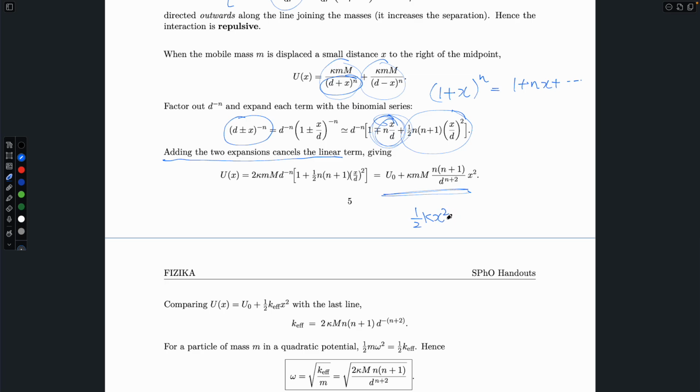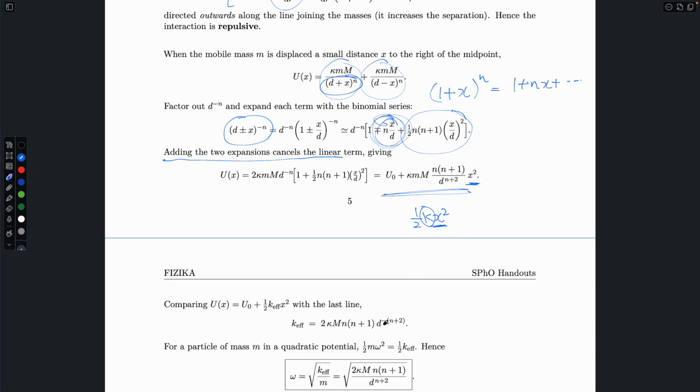So it scales with x squared, and this one also scales with x squared. So we can conclude, because force is related to potential, that these two forms must be equivalent. And we can just pull out the constant in front, the k effective, which is the front part of this term.